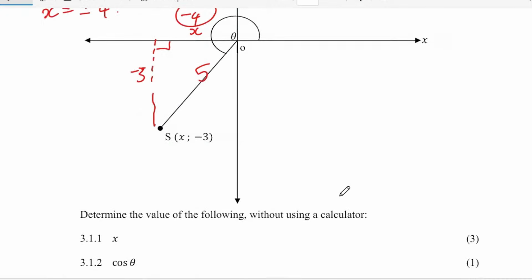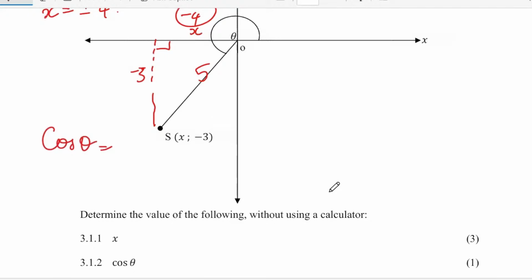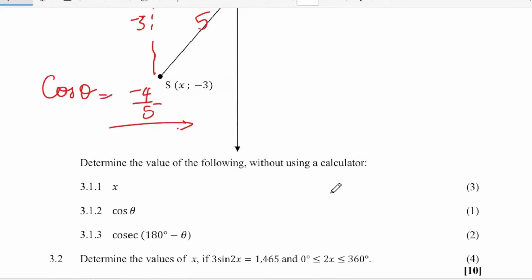Then they want us to get the cos of theta. So from here, we say cos is adjacent over hypotenuse. It's -4 over 5. And then 2, we are looking at the cosec of (180 minus theta). So cosec is just the same as 1 over the sine.